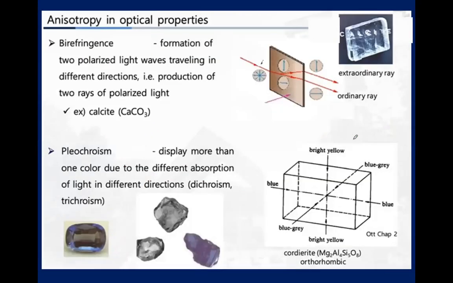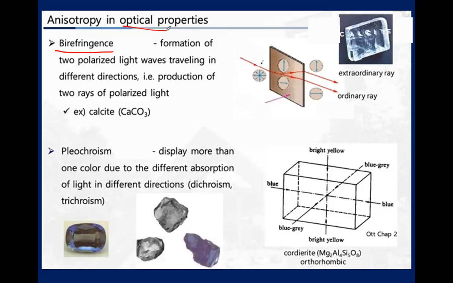Another feature that determines anisotropy in crystals is birefringence, right? Birefringence is an optical property. So what is an optical property? The properties distinguishable as a result of incident light or light penetrating through a crystal, right?